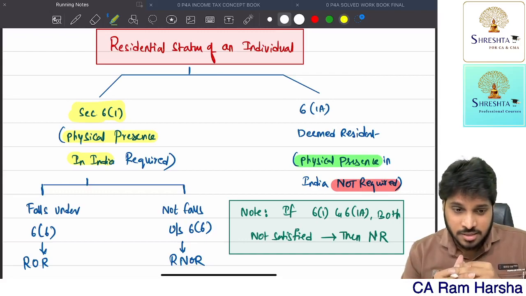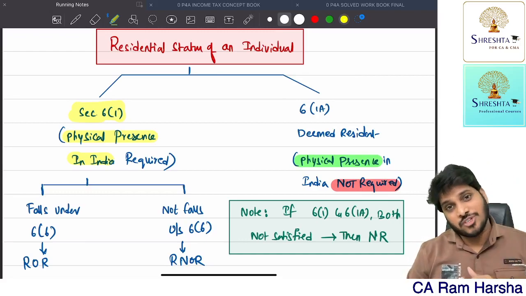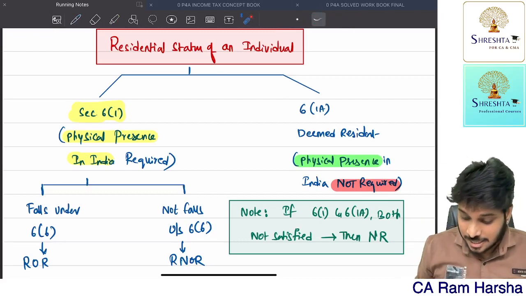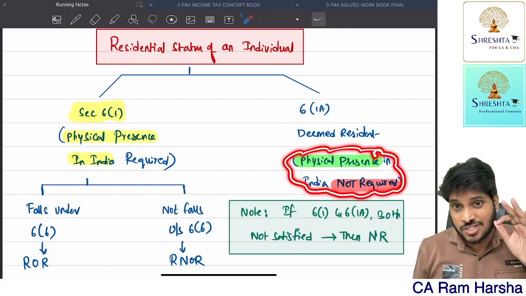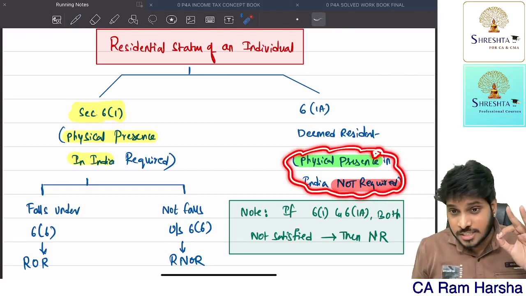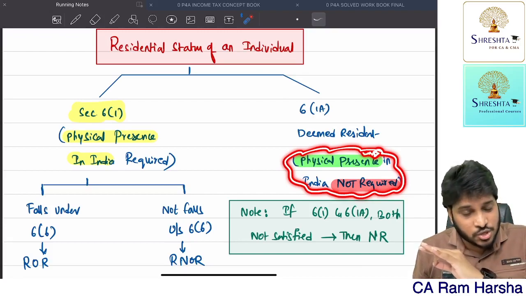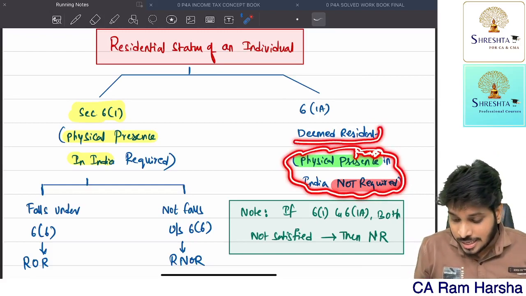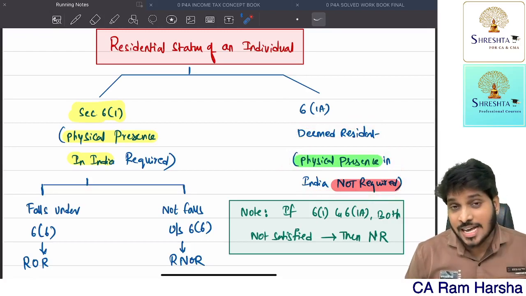But there is a Finance Act 2020 which has brought a new provision, which is taxing even though physical presence does not exist in India. Suppose the individual has not stayed at all, he didn't even visit one day, still he is treated as a resident.